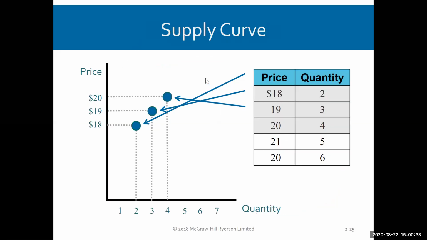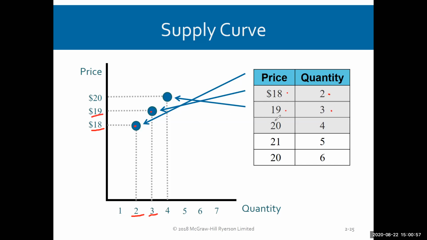So let's graph this. Here we're taking our points and putting them on the line, just like you would anywhere. And at a price of 18, there's a quantity supplied of 2. So I just go plot my price of 18 plus my quantity supplied of 2, and there it is. If the price happened to be 19, Bobby the brewer said they'd be willing to produce 3. So we plot that point.